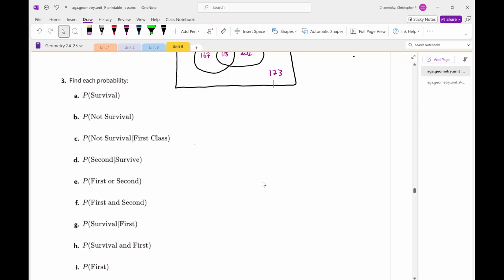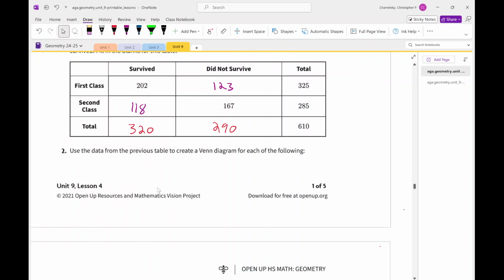Take a minute, guys, and try and figure out all of these probabilities for number 3. Okay, so let's go ahead and check those. So probability of being in first, of surviving.